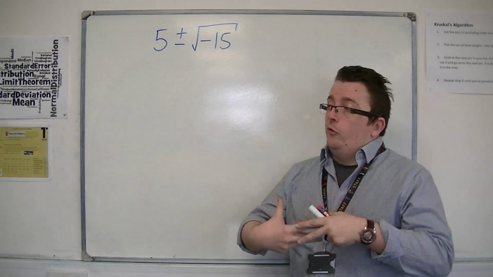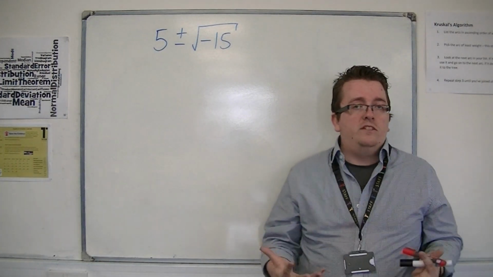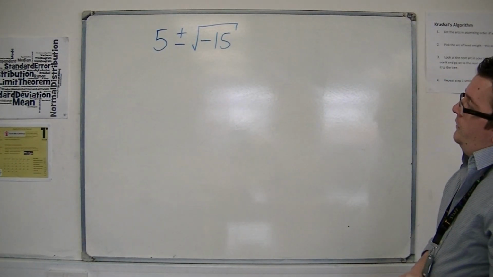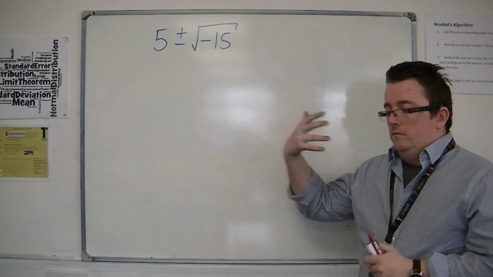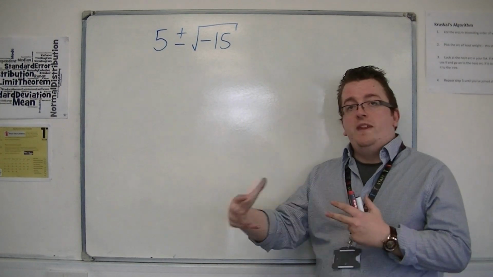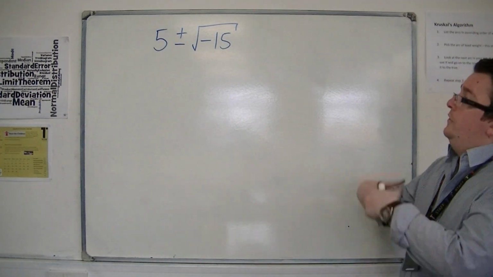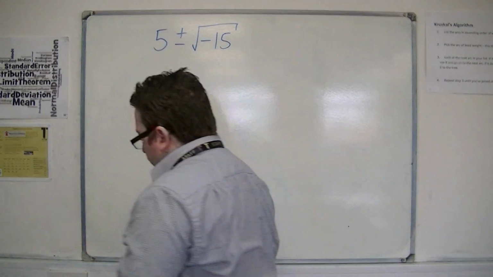And of course in this you're square rooting a negative number, which really doesn't make much sense to us, seeing as a number that multiplies by itself, whether it be positive or negative, will make a positive number. So we can't square root a negative number, surely.